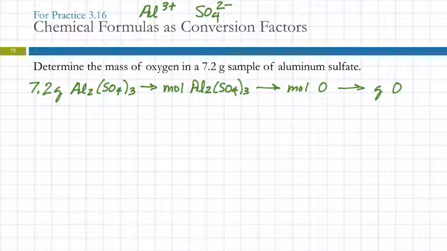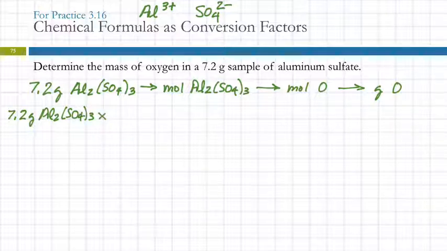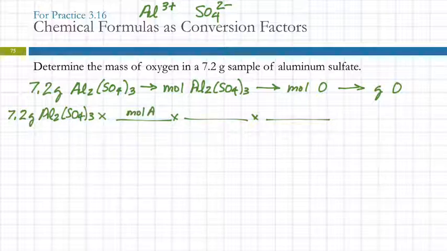Well, there's my path. So let's write out the equation. 7.2 grams Al2(SO4)3. And yes, it's very tedious writing that formula over and over and over again. Times and line, times and line, times and line. So I'm going from grams of aluminum sulfate to moles of aluminum sulfate to moles of oxygen to grams of oxygen.